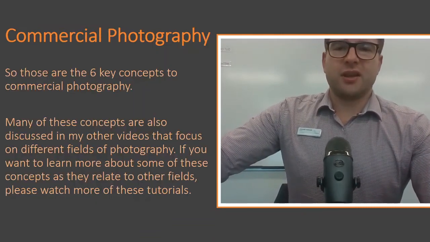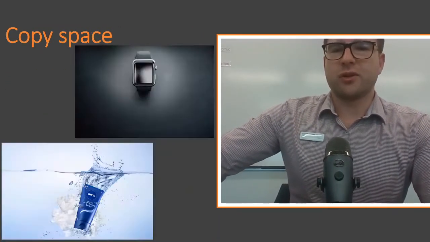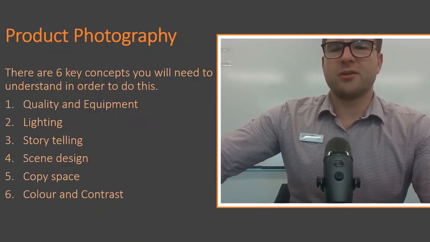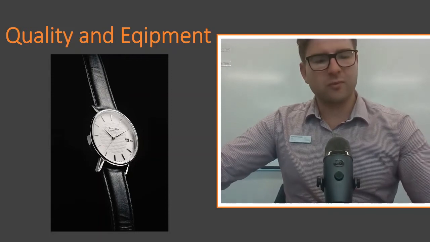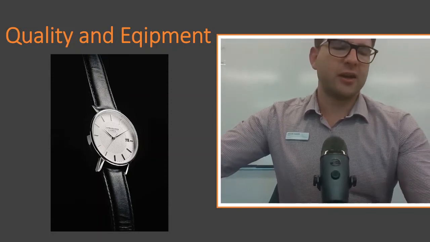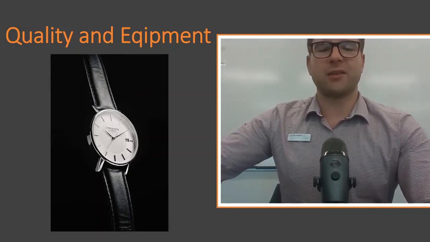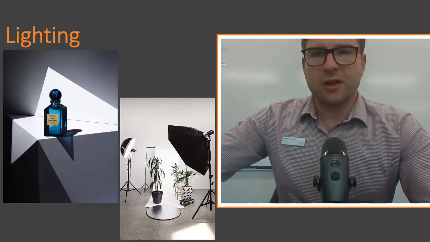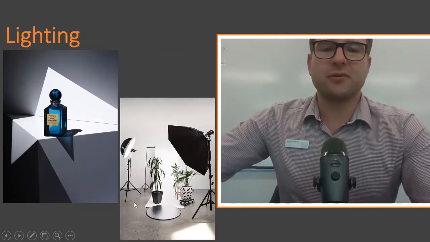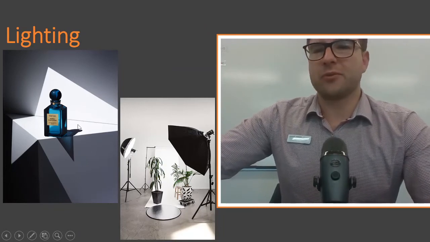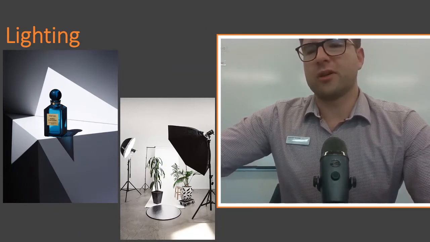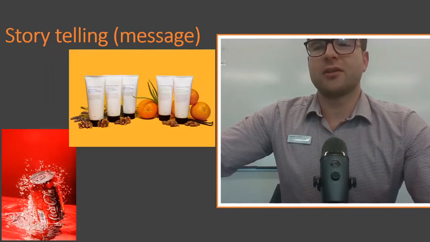So those are the 6 key concepts of commercial photography, and I'll just quickly zip through them again. We've got quality of equipment. Use the best quality equipment you have, make the most out of what you've got. Lighting, be creative, try and find ways to use lighting and experiment with lighting to best present your product.